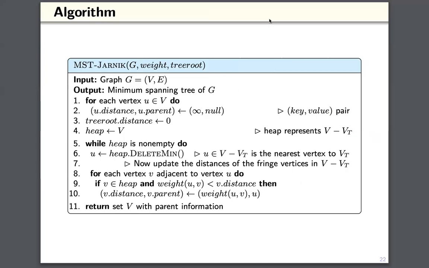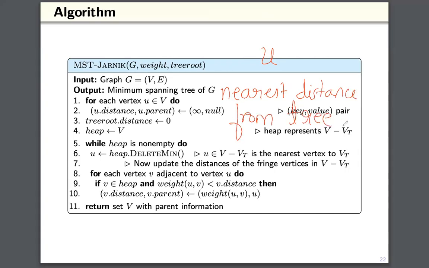So it will store for any vertex u the nearest distance from the tree, right? And this is your key, nearest vertex from the tree, and then the parent vertex of u.